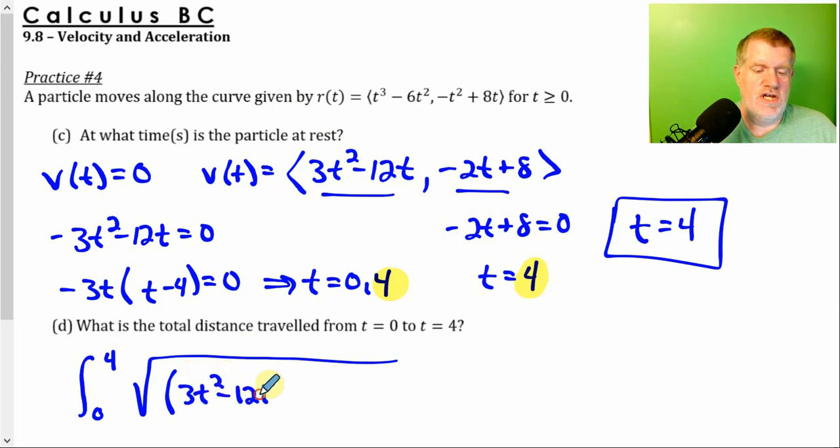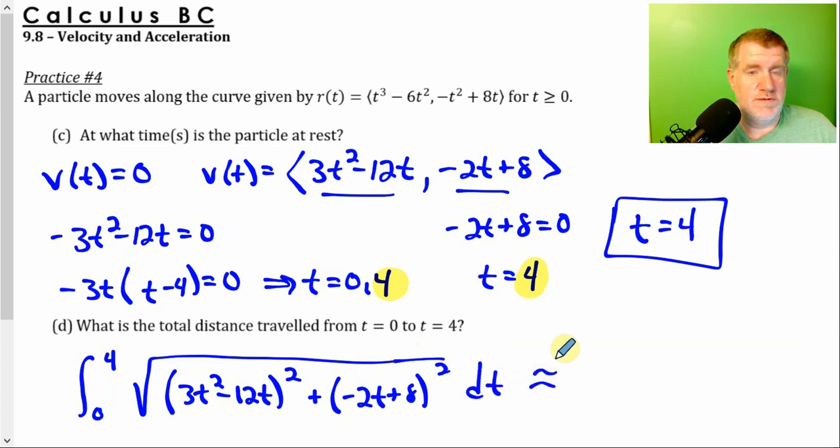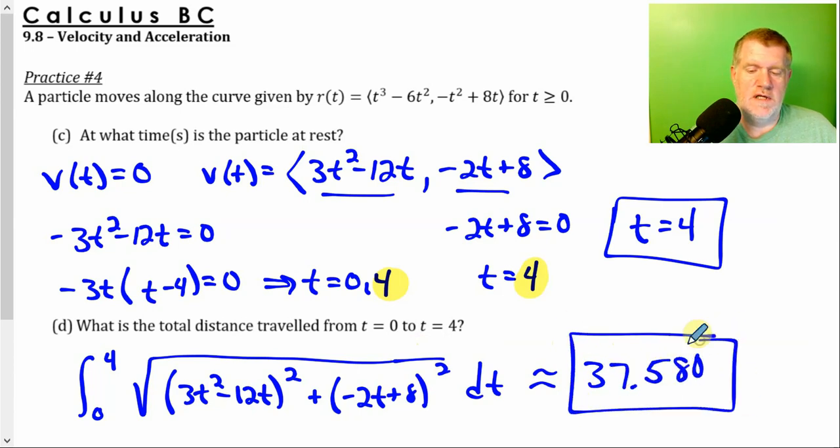Remember, this is the change in x. We're going to square it. And then the change in y is negative 2t plus 8. We're going to square it. Integrate that with respect to t. Now we're just going to plug in the calculator. You get about 37.580.